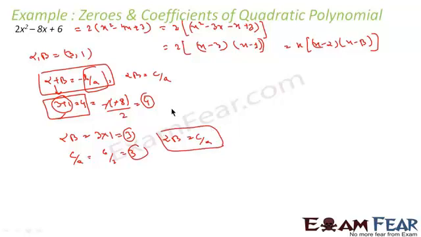That's alpha plus beta is equal to minus b by a, and alpha beta is equal to c by a, where alpha and beta are zeros of this quadratic polynomial, and a, b, c are coefficients of the quadratic polynomial. This is just one example to prove the theorem which we have done, designed in the last slide. Alpha plus beta is equal to minus b by a, and alpha beta is equal to c by a.